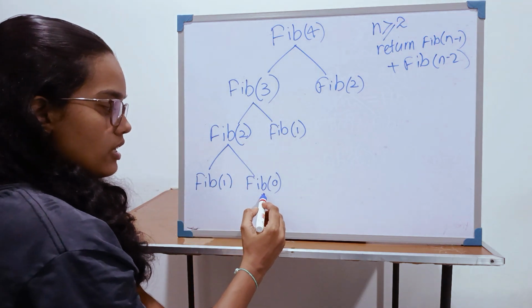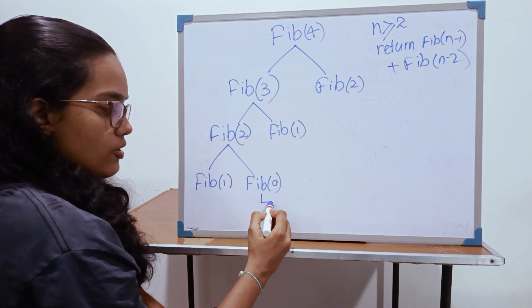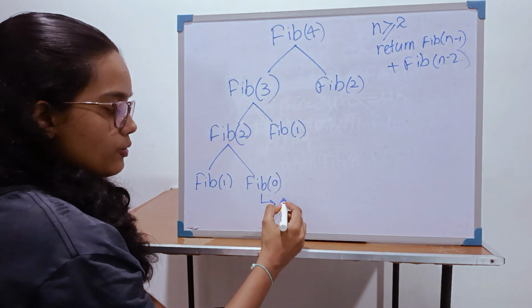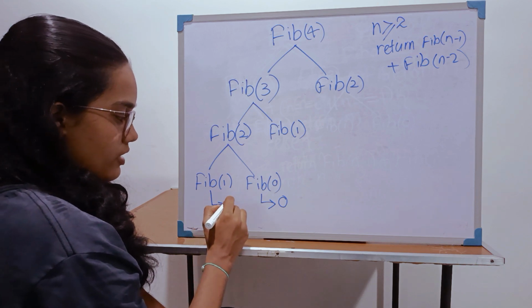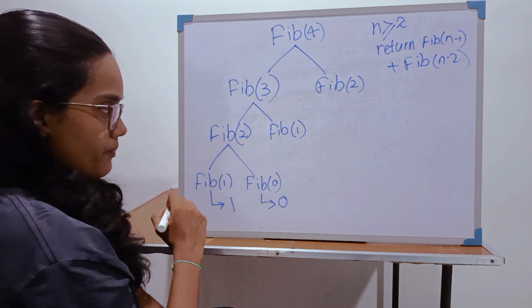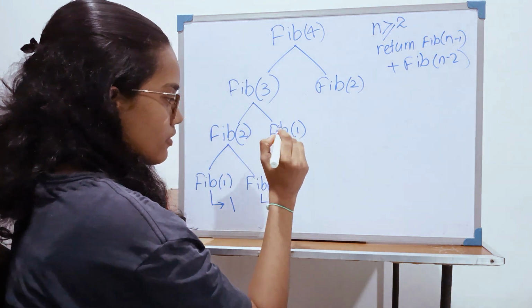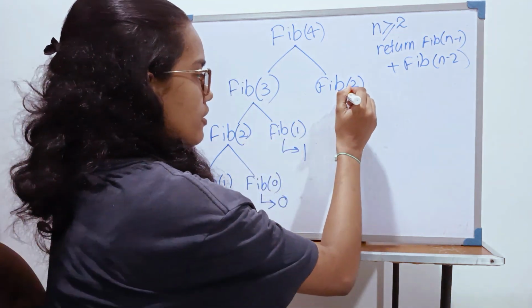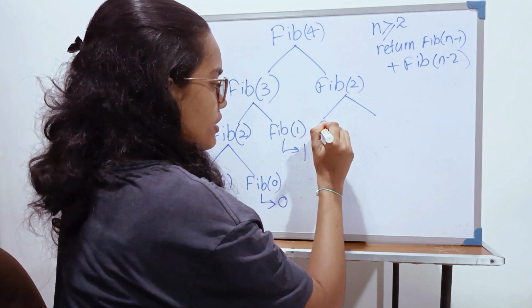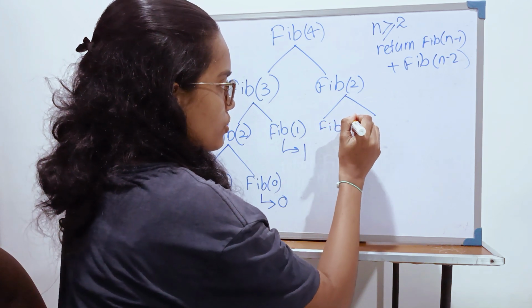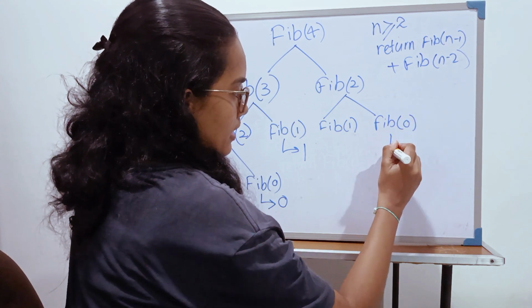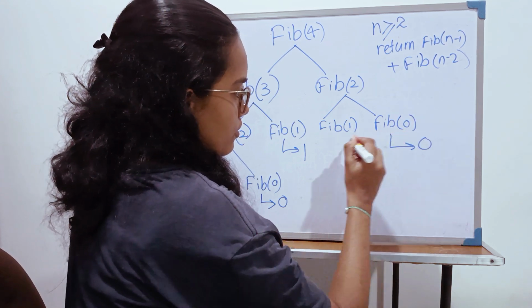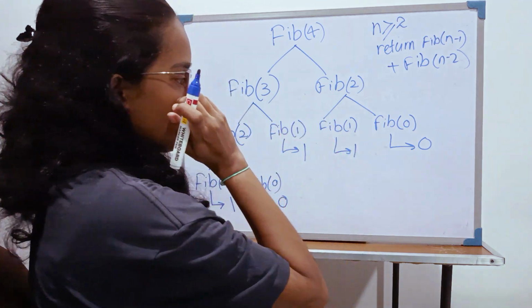So if fib 0, we have to return n, which is 0. If 1, we have to return n, which means 1. Here also it's returning 1. This side we can further break down into two smaller problems, fib 1 and fib 0, and this returns 0 and this returns 1.